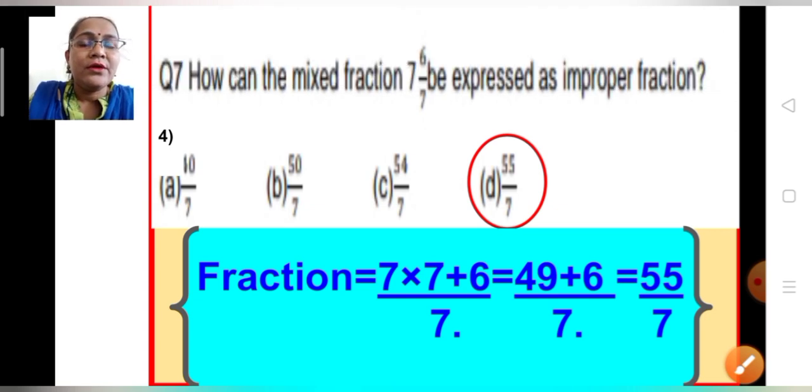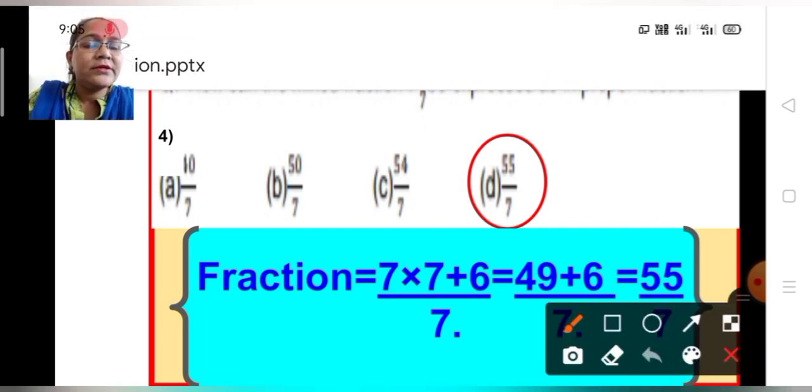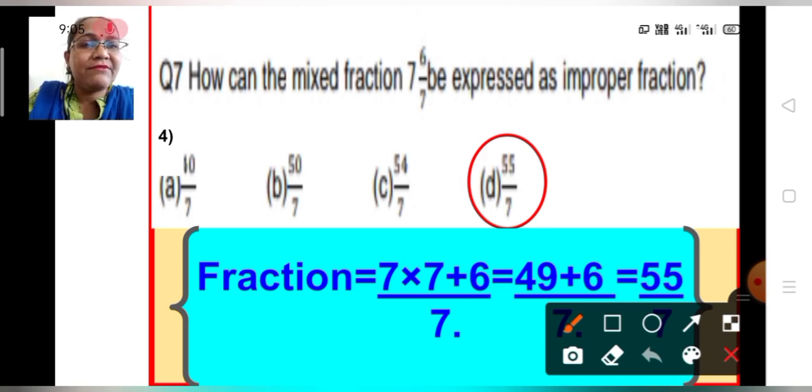Now next question, how can the mixed fraction be expressed as improper fraction? Children, here I have shown you the method to convert the mixed fraction into improper fraction. First we need to multiply the denominator by the whole, that is 7 into 7, and we need to add the numerator to this multiplication and keep the denominator as 7.